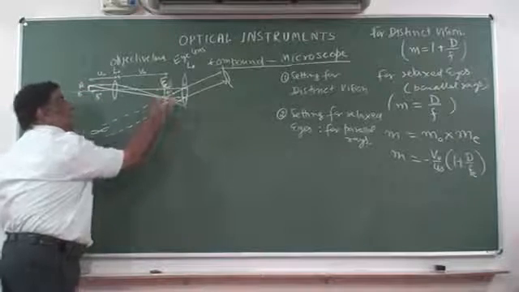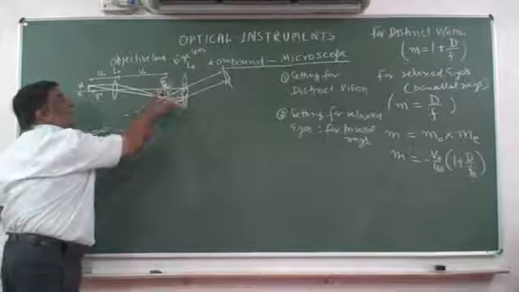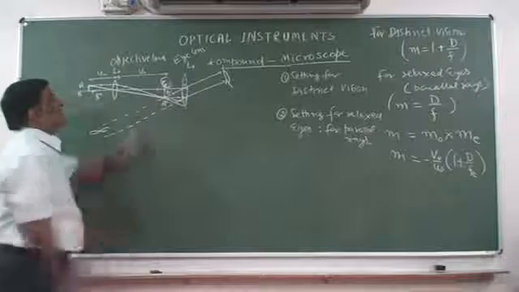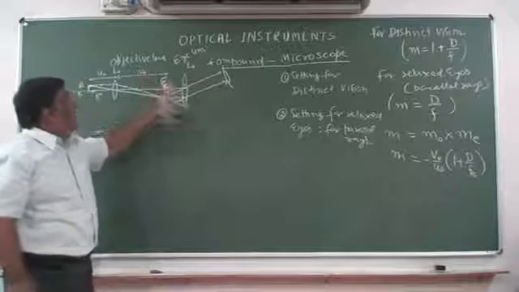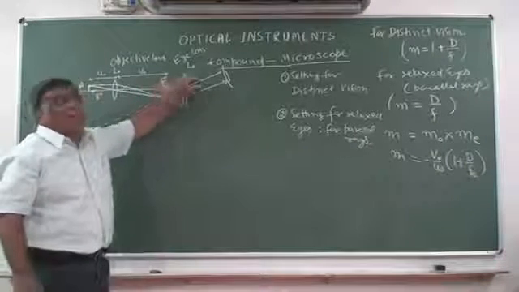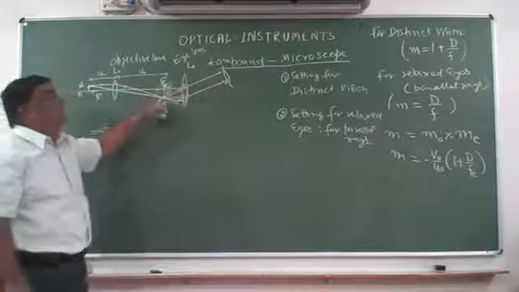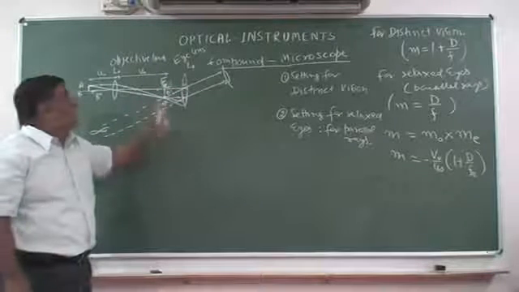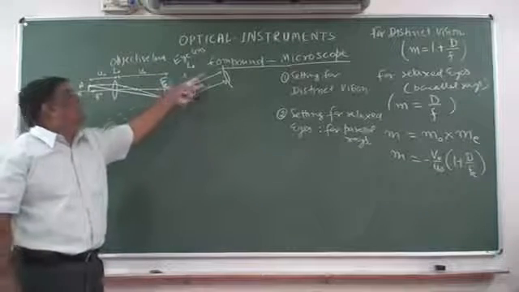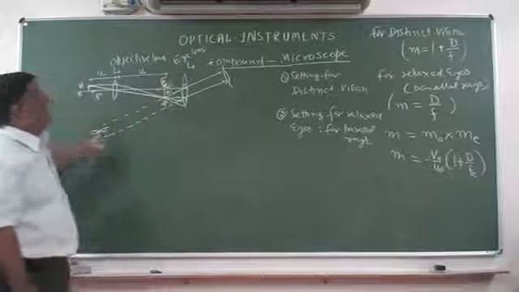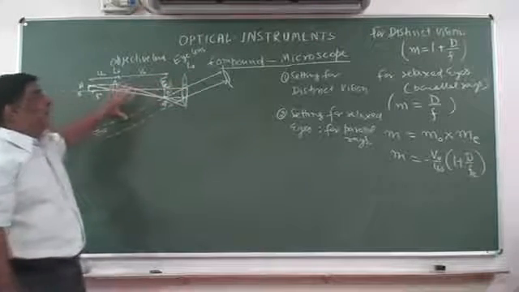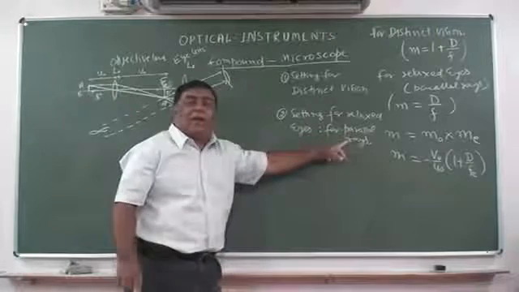So this is A dash, B dash. Focal length of eyepiece is here. Then if the rays are going here, then they will become parallel because object is at the focus. We all have learnt it. Object at the focus, the rays will become parallel, image will be at infinity. And this setting of microscope, this is for parallel rays.